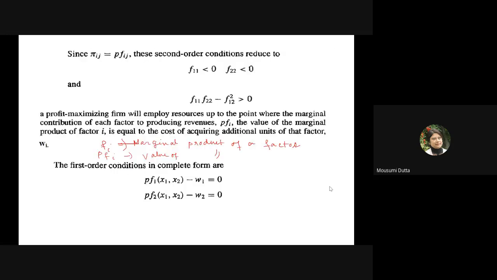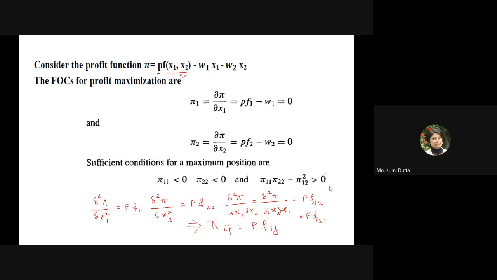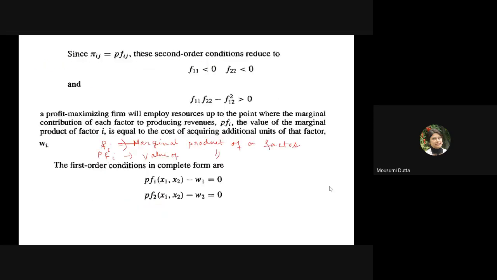So the last two equations, that is PF1. Now, these two equations are giving the first order conditions. Here we are writing the first order conditions more clearly. It was P(F1) minus W1. Now F1 again is a function of x1, x2.